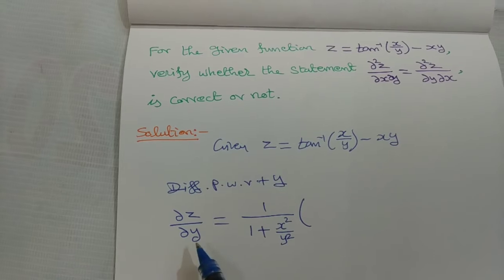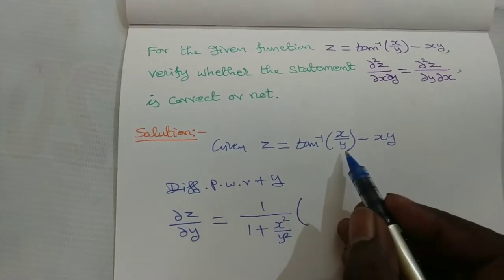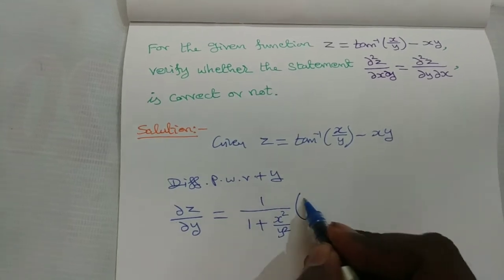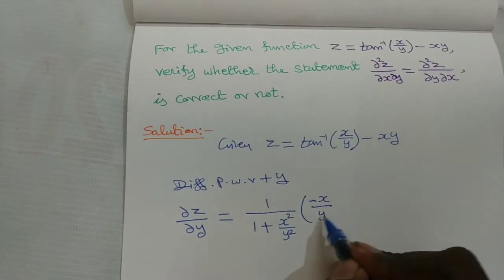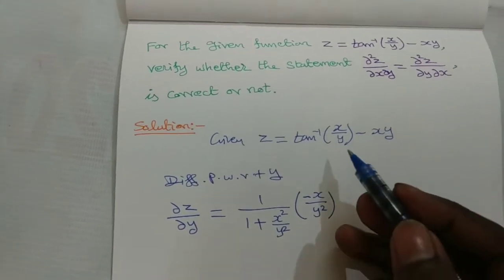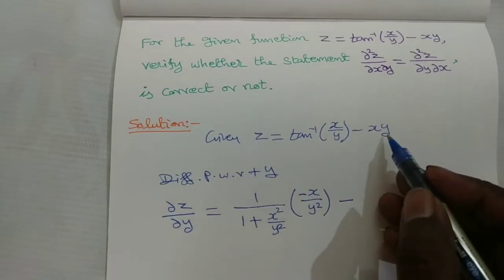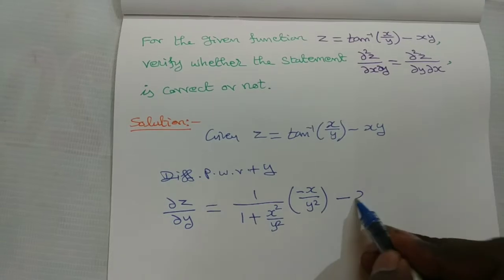The variable y is only in the denominator, so we can apply the 1 by x formula. 1 by y differential is minus 1 by y square. So the differential part with respect to y over, minus here with respect to y is 1 into x, x.